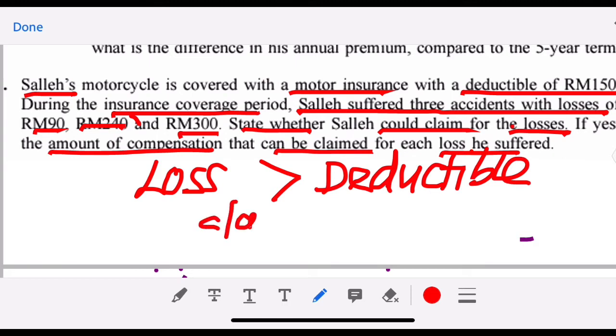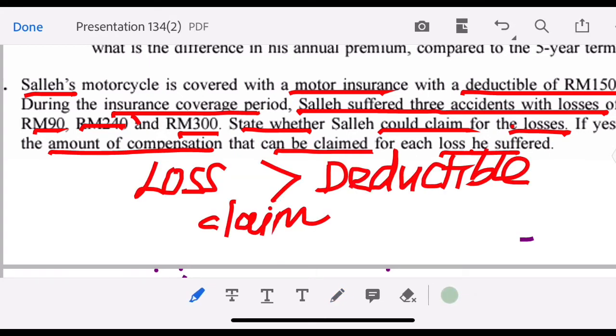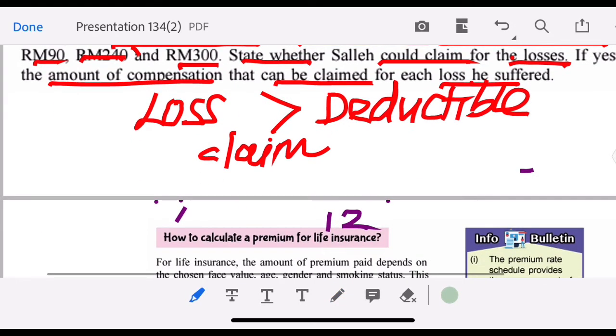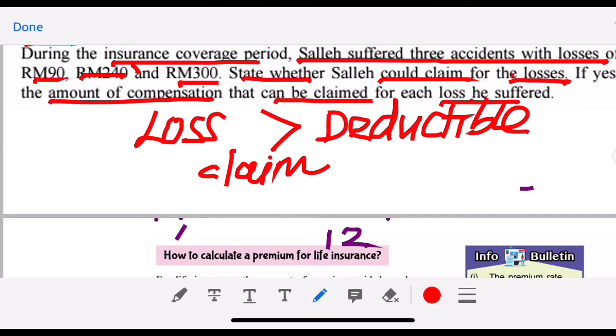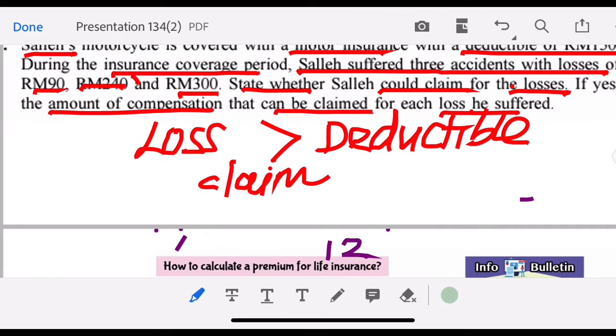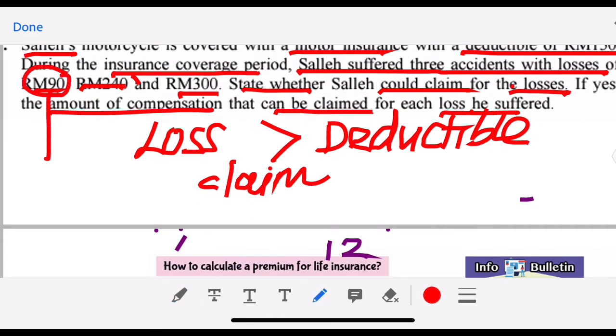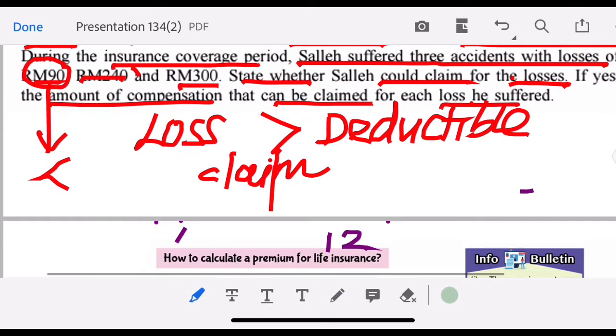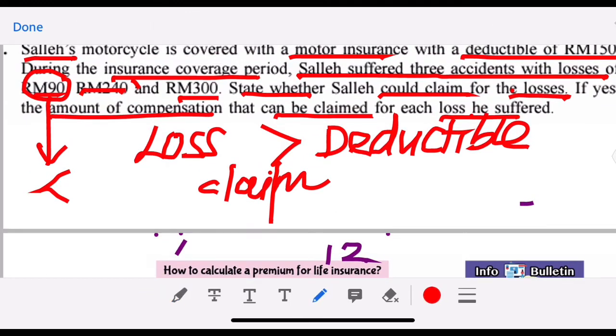If the loss is more than the deductible amount, then Saleh can claim. So for the case of 90 ringgit, the loss is just 90 ringgit. This one obviously is less than the deductible cost, which is 150. So this one cannot be claimed because it's less than 150, right?